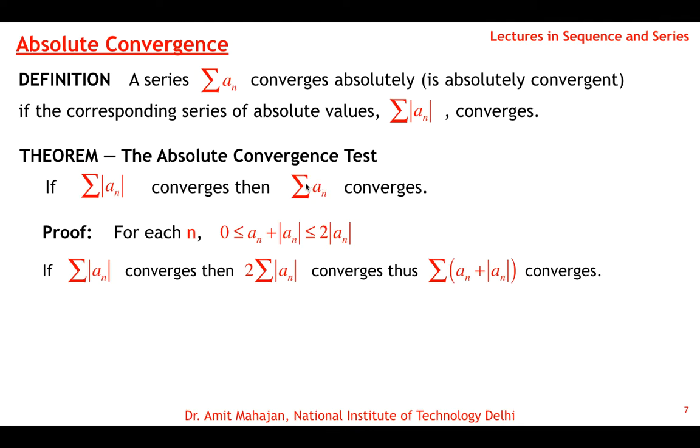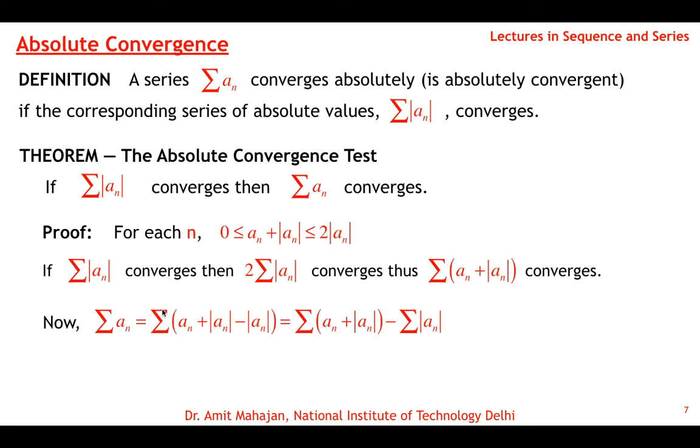Now what is the series of an? We have to prove this. If we start with this as the left hand side, we can rewrite this series of an by adding to it modulus of an and subtracting it. So this sum can be written as the difference of these two. Say this is capital C, this is capital D, so sum of C minus D is sum C minus sum D. Because both these series are convergent, the series of absolute values of an is already given convergent, and the series of an plus absolute of an we just proved is convergent.